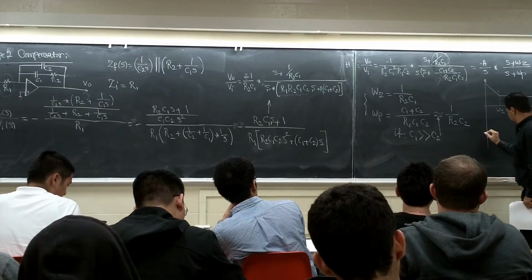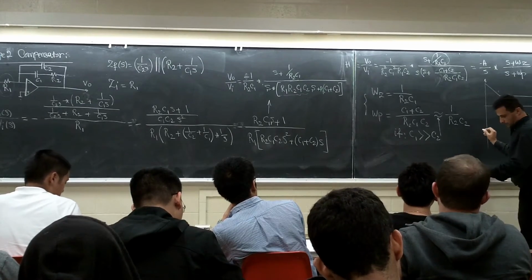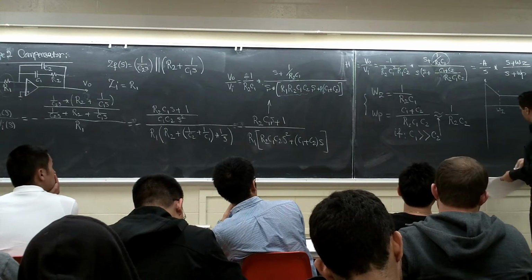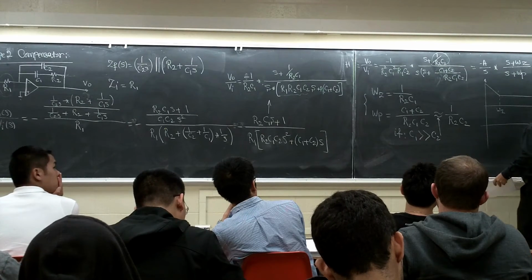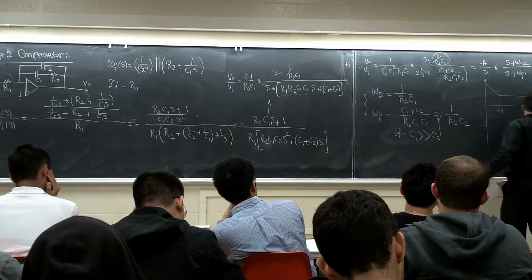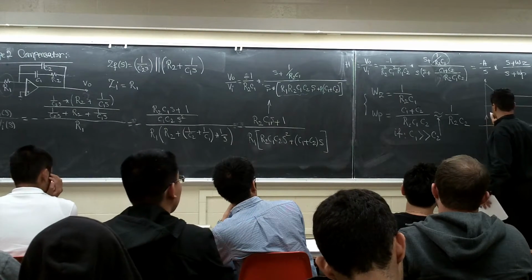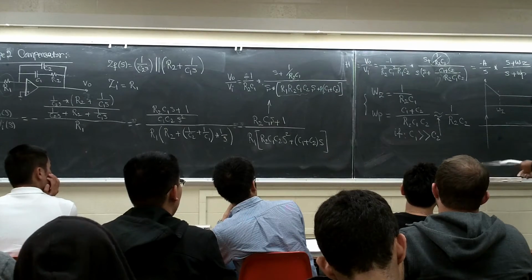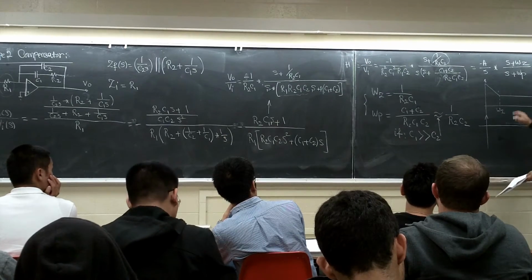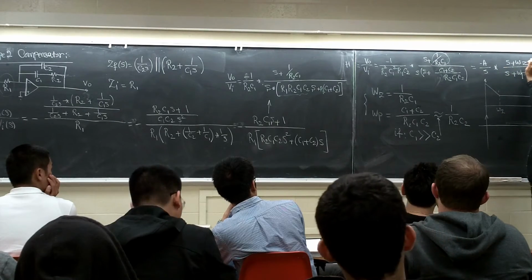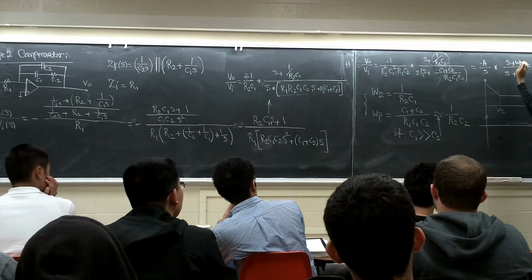Let's look at the phase. The phase is going to be, we are going to start with, let's say if these two cancel each other. Very easy way to look at it.